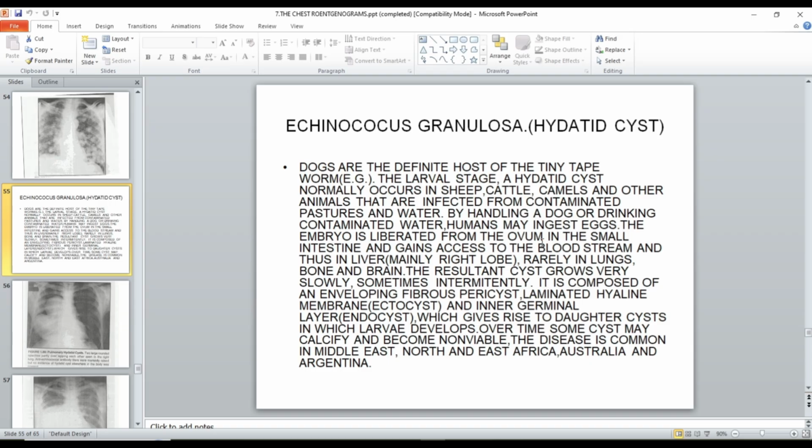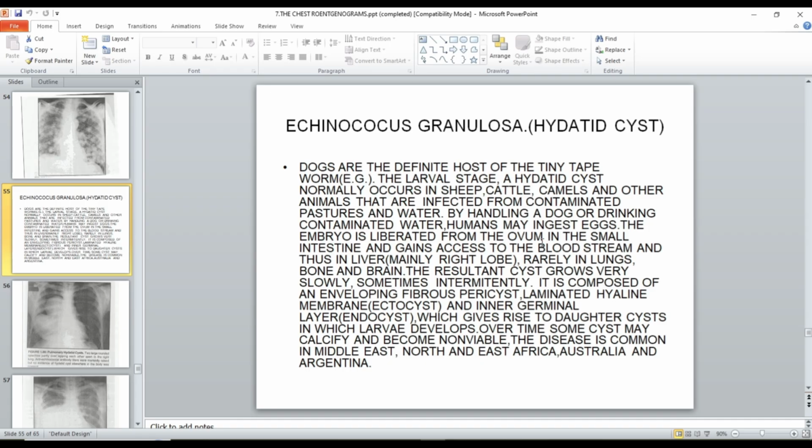Humans may ingest eggs. The embryo is liberated from the ova in the small intestine and gains access to the blood vessels, and thus lodges in the liver, mainly the right lobe, and rarely in lungs, bone and brain. The resultant cyst grows very slowly, sometimes intermittently.